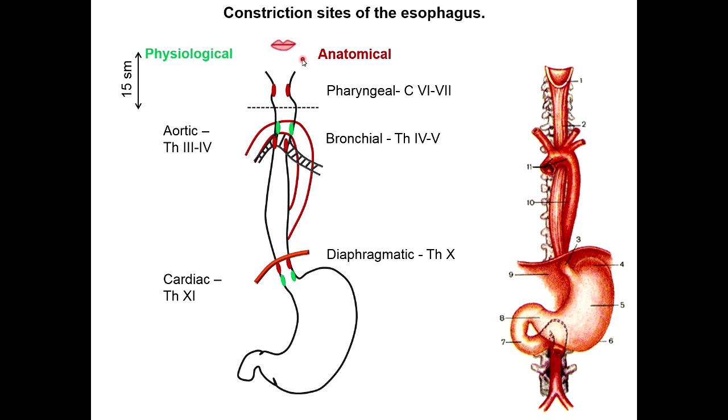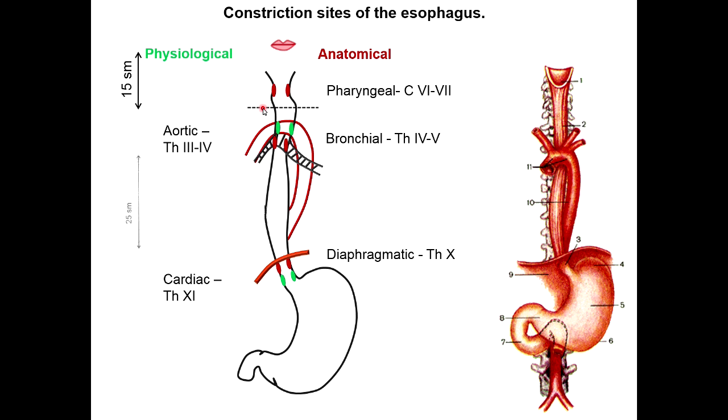So from the teeth and from the lips, practically the first 15 centimeters is to the first narrowing place, to the pharyngeal constriction site.